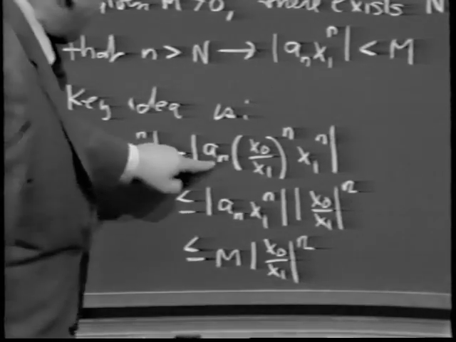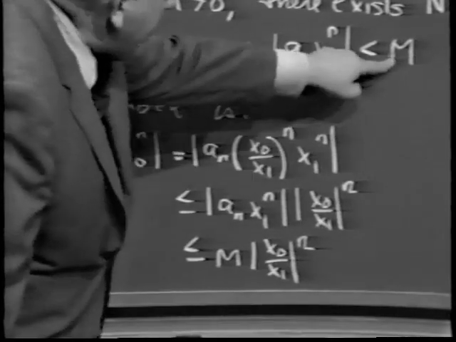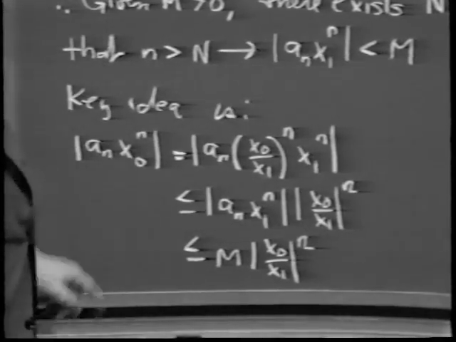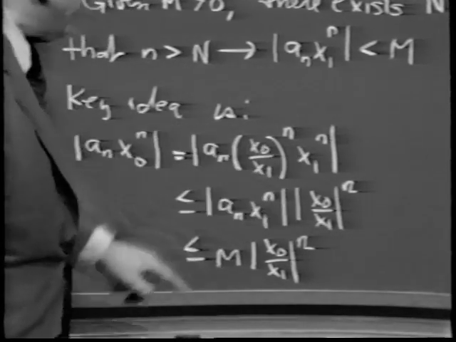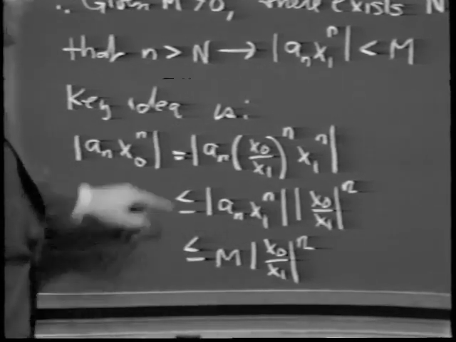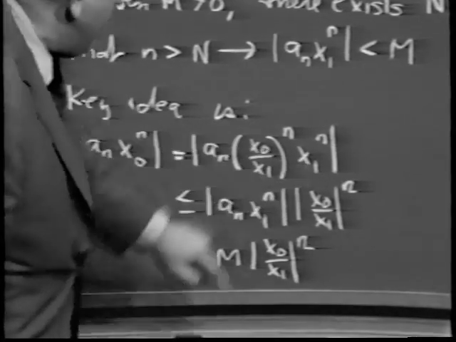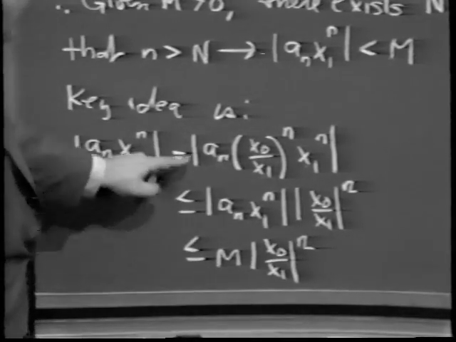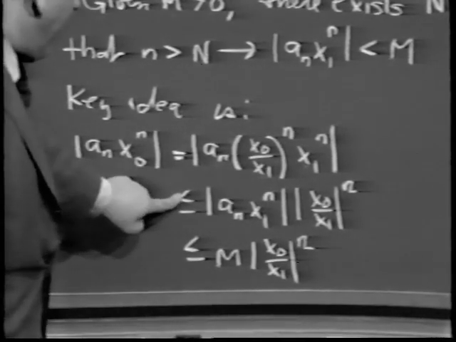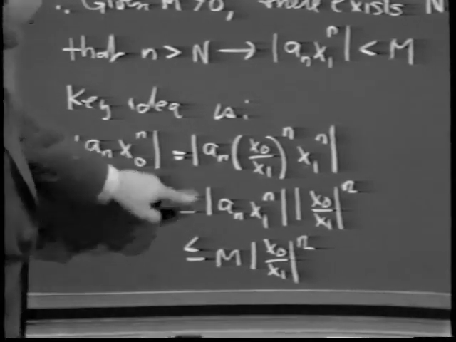The point is that the magnitude of a_n x1^n is less than M. We already saw that. So what I do is I split this thing up. Remember, the absolute value of a product is the product of the absolute values. So I write it as the magnitude of this times the magnitude of (x0 over x1)^n. This is still an equality. This is just rewriting.